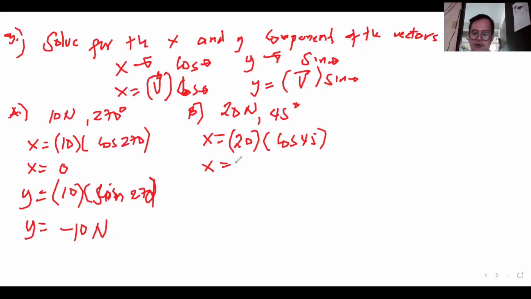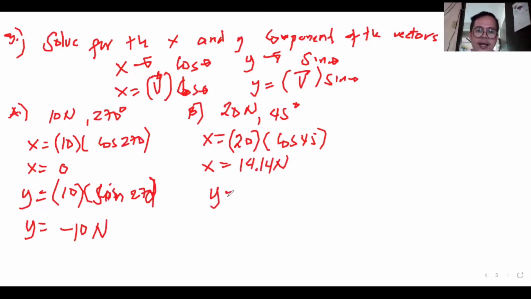And that will be 45 cosine times 20 and your answer is 14.14. So this is 14.14 Newton. And it is positive because the direction is northeast. East is the X, which is positive direction.